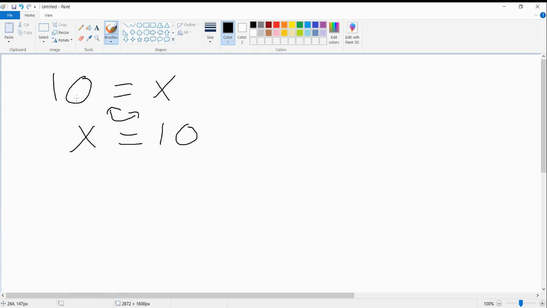So we can write x equals 10, or we can write 10 equals x. If we move everything to the other side of the equal sign, it's not going to change our equation. So we could write 2 plus 3 equals 5, or we can write 5 equals 2 plus 3.